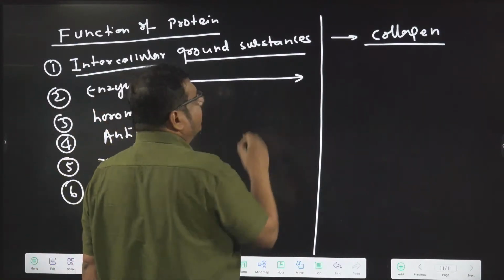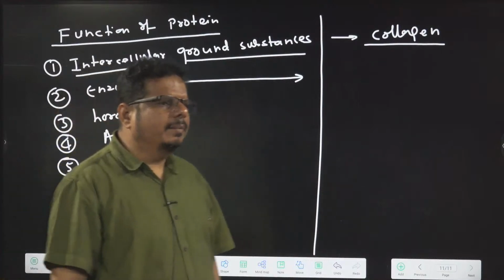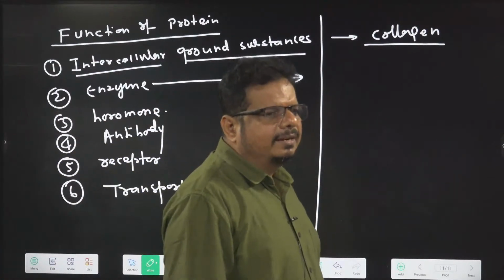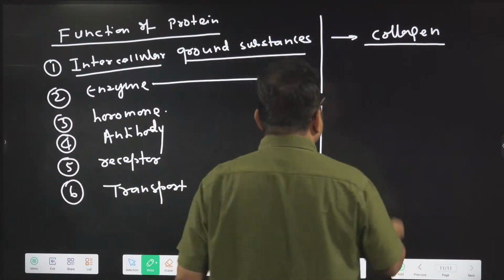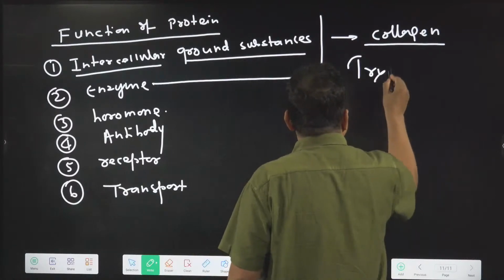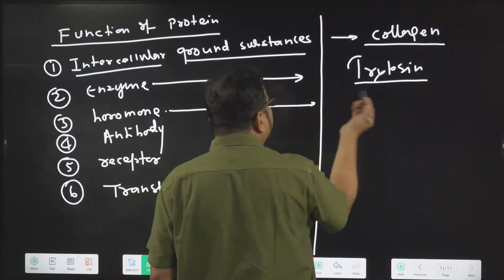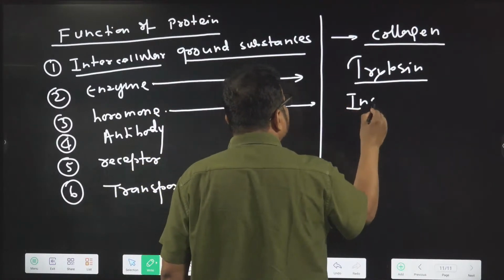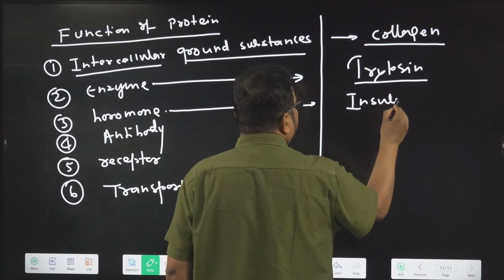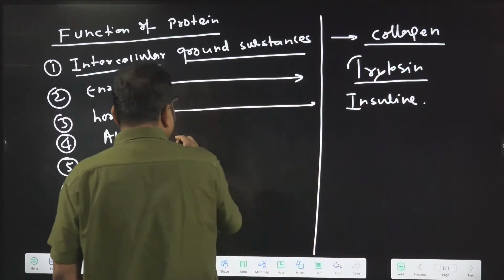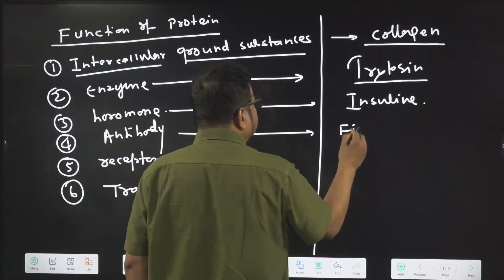Almost all enzymes present in your body are made up of protein. The exception is ribozyme. NCERT wrote an example here, trypsin. Trypsin is an enzyme. Many hormones are proteinaceous, for example, insulin. Antibody fights against infection.